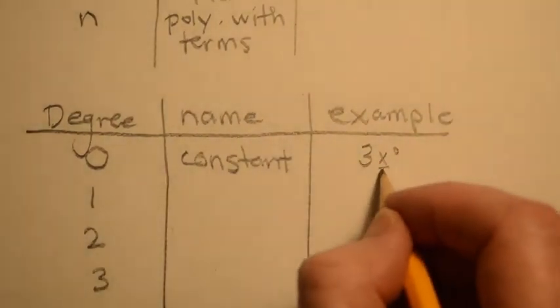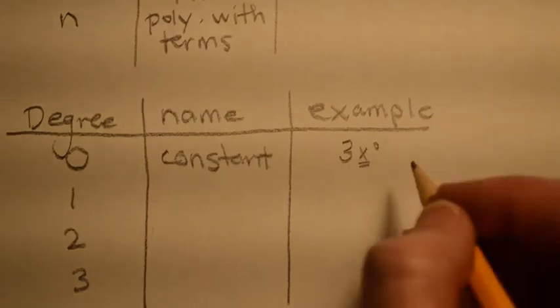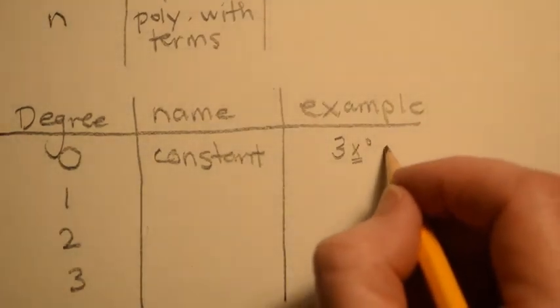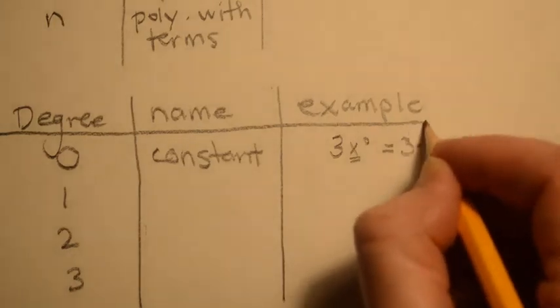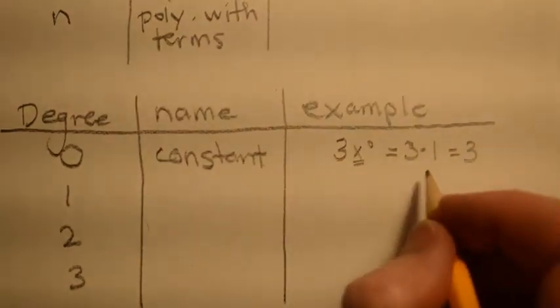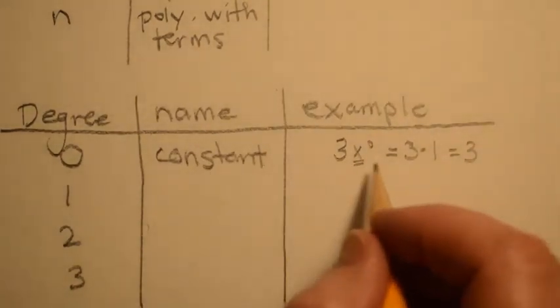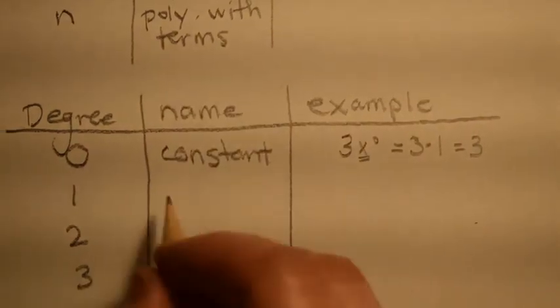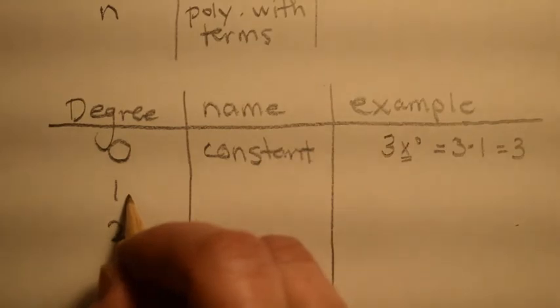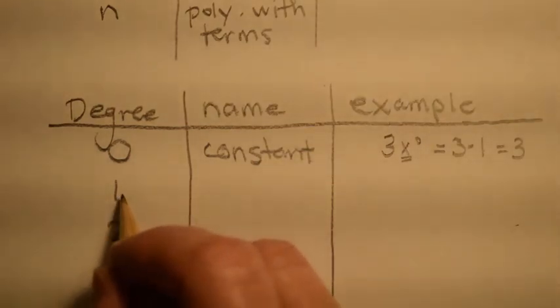Well, what is x to the 0? It should just be 1. So this is really the same as 3 times 1, or just 3. That's why we call it a constant, because the variable with an exponent of 0 really just becomes 1, so there is no variable.